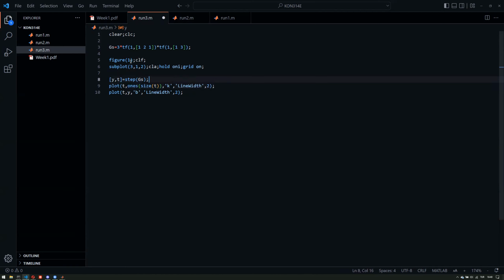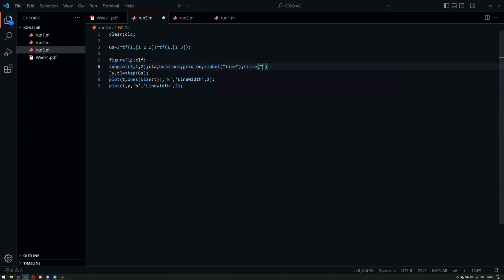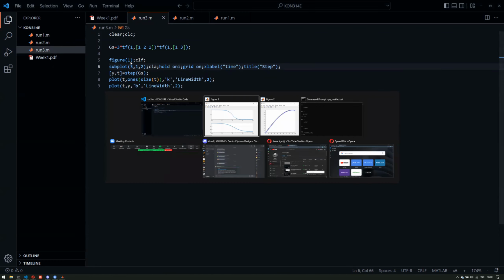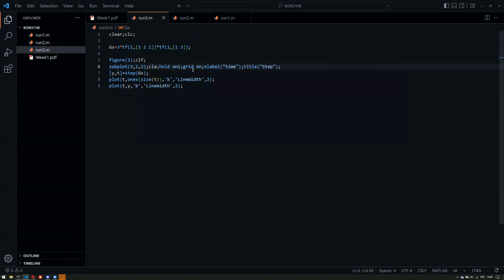Let's give it a black color here. And yeah, we should be good to go. So let's say x label time and maybe a little title, call it step.